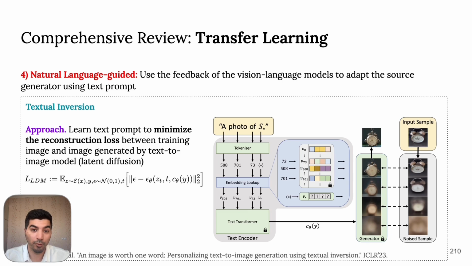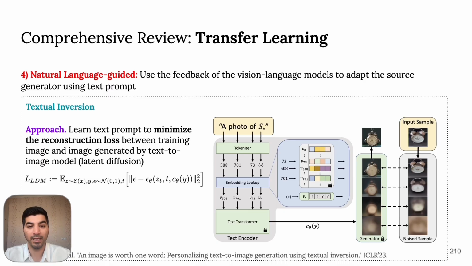And how they perform this inversion is quite a simple approach. They freeze all parameters within the text-to-image model. For example, here they use a latent diffusion model, and they pass these images to it. On the text side, they pass "a photo of S star".